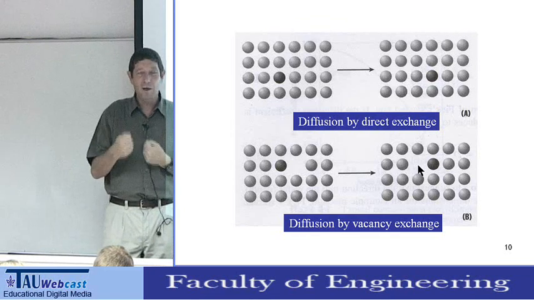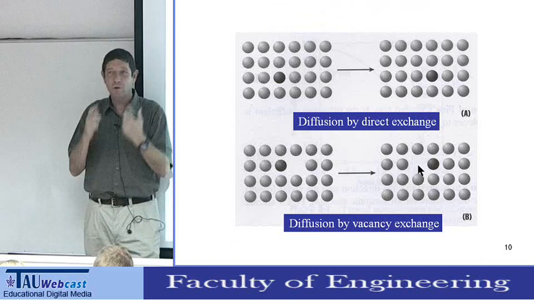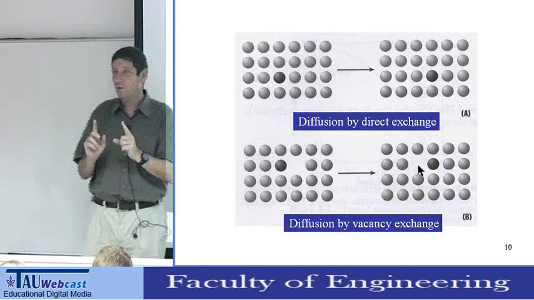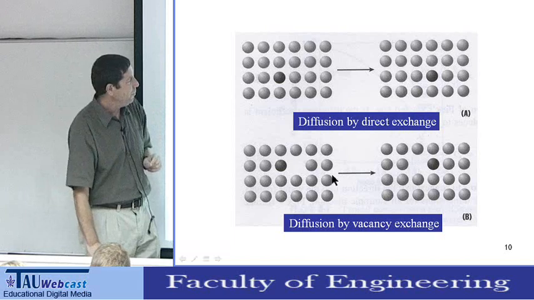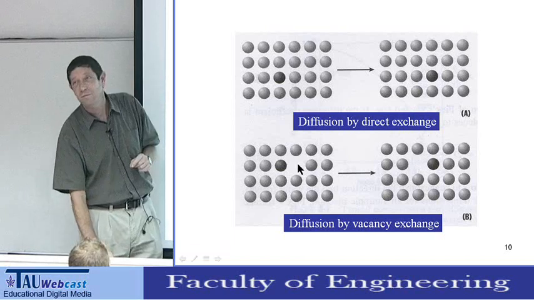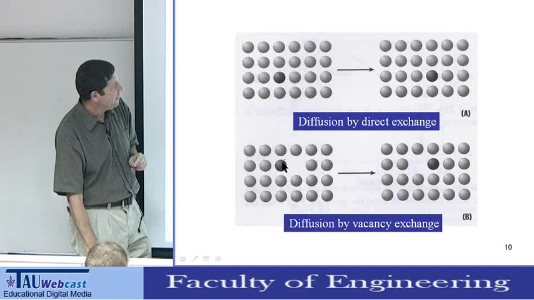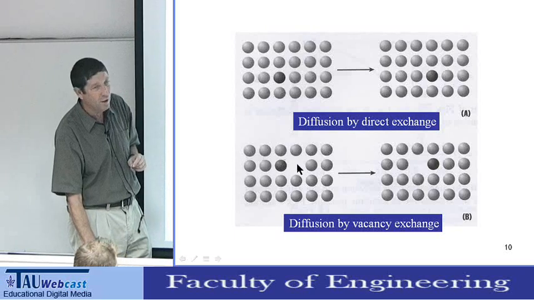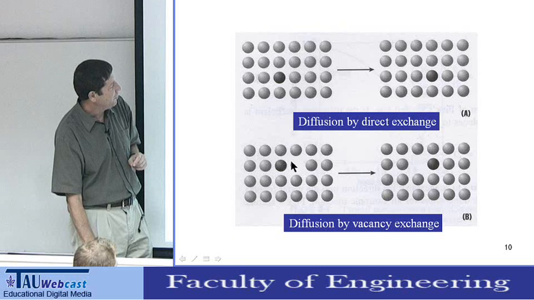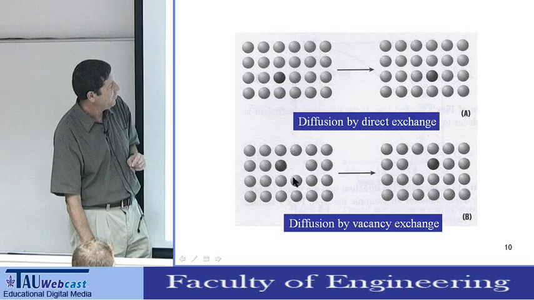So when you calculate diffusion, there are two things you have to pay attention to. One is the probability of having a vacancy. The second, if you have a vacancy, is the probability of this atom moving here. Because this atom can move here, or this can move here, and this can move here. So only one motion is counted.